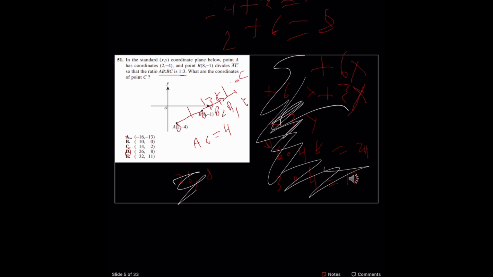So if 6 in x is 1 part, then if we multiply that by 3, we get that ratio. So this is 18 in x. And then for y, we multiply that also by 3, we get 9 in y. So from the point 8 comma -1, you add 18 to x, which gives you 26, and then you add 9 to y, -1 plus 9 is equal to 8. So that's how you get the answer of D.